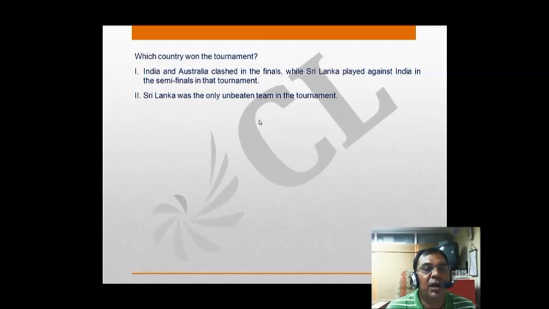I cannot say who won, because India and Australia both clashed. Sri Lanka was the only unbeaten team in the tournament. In football, so many times it happens that if you draw, your points can be lesser than a person who has drawn and lost also, but who has won also. So therefore, my answer is D for Delhi. Nothing can be taken out. So these are 1 minute questions if you know.